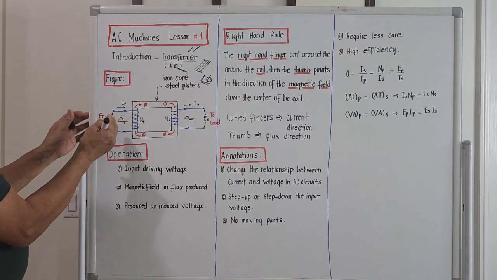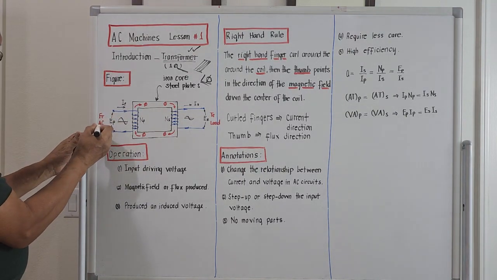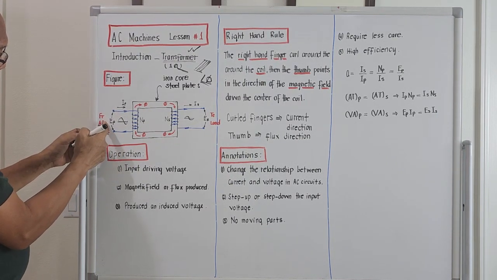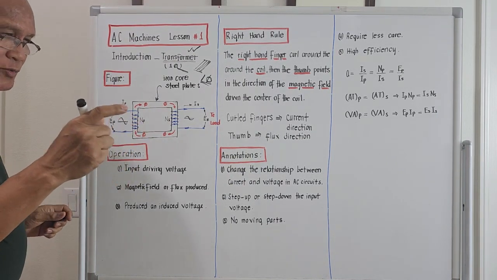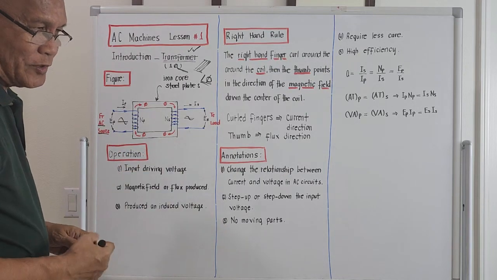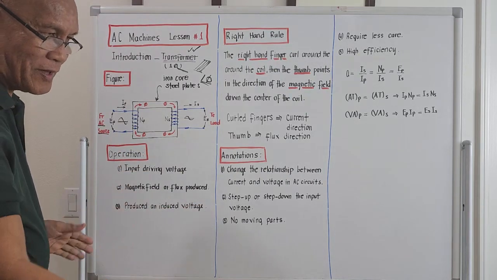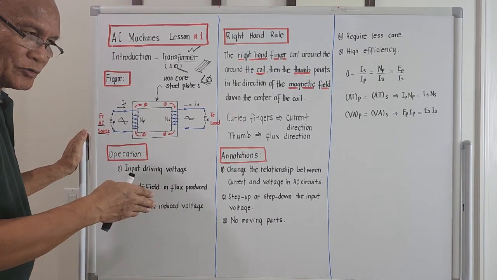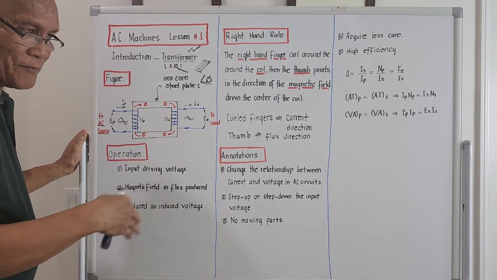This side here is the AC source, right? The voltage we apply here is an alternating current source, and it should be a generator or alternator, the one coming from our power plants: hydro plants, nuclear plants, turbines, and solar panels.